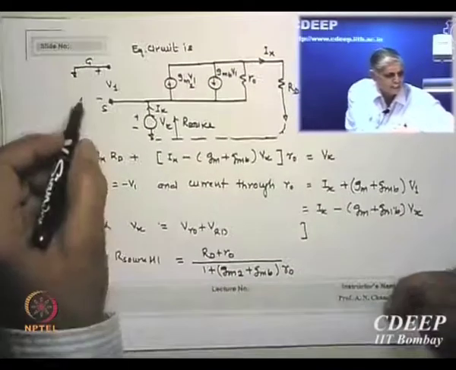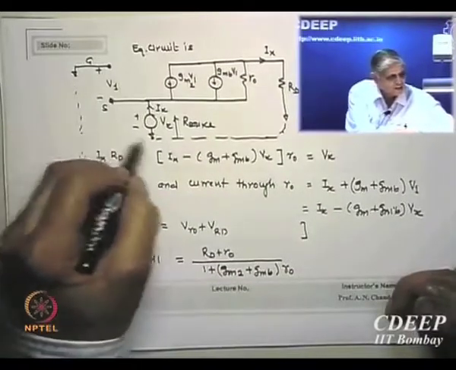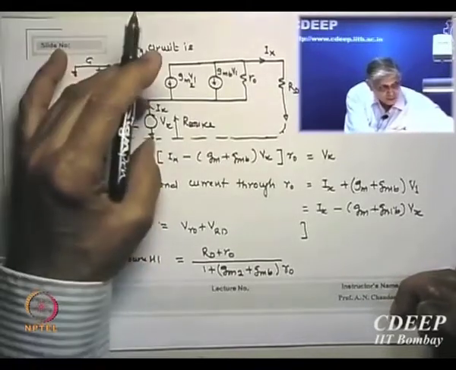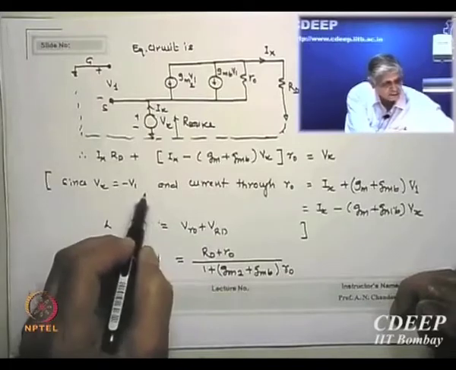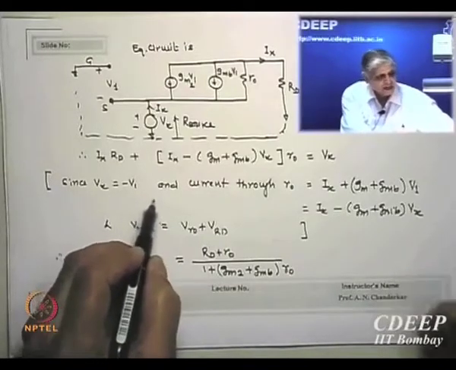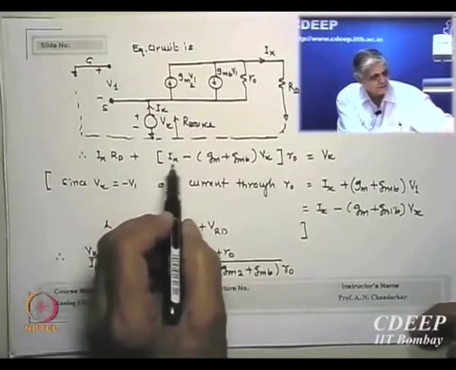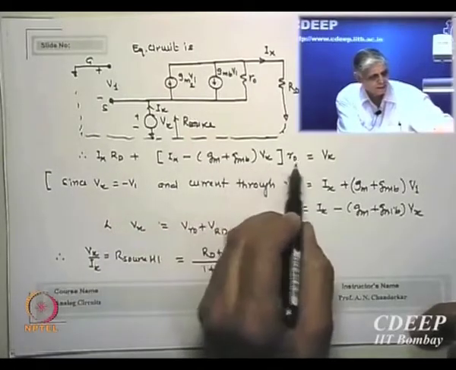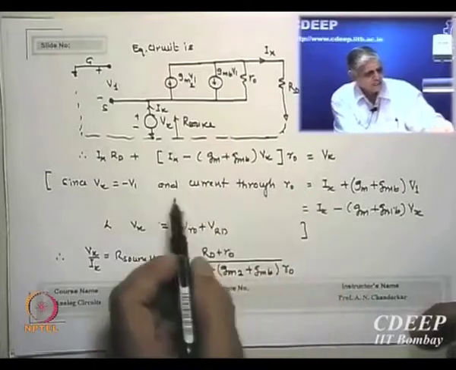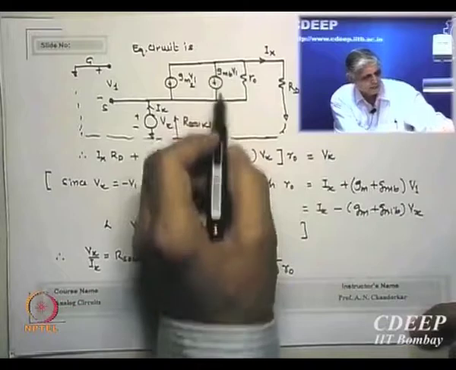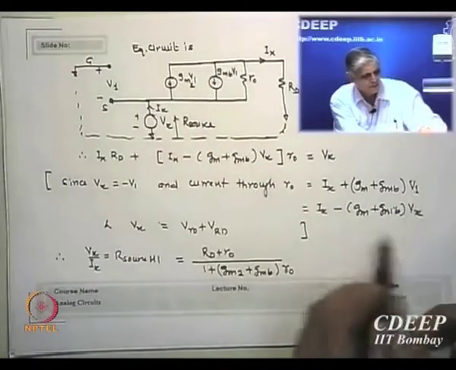Again, this loop is now connected. This V1 is nothing but minus Vx. So Vx is minus V1, and therefore the current through R0 is Ix minus (gm plus gmb) Vx. Essentially, the current through R0 is Ix plus these two currents times V1.